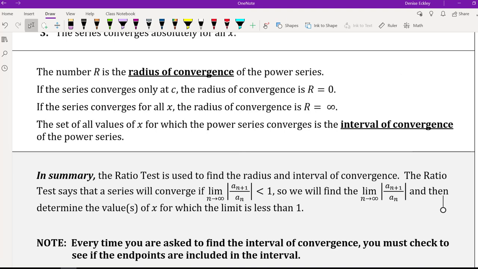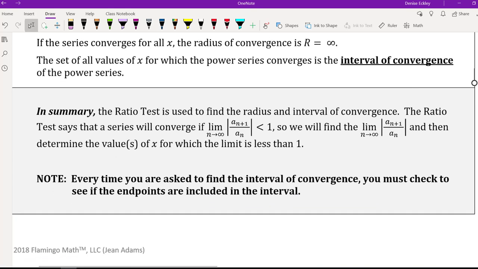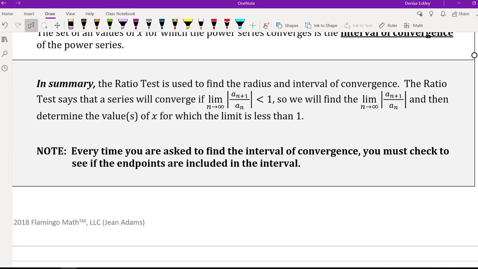And if the set of all values x where the power series converges is an interval, we call that the interval of convergence for the power series. So we're going to use the ratio test to find the radius and the interval of convergence. Remember that the ratio test tells us that a series converges if the limit of the absolute value of a sub n plus 1 over a sub n is less than 1.